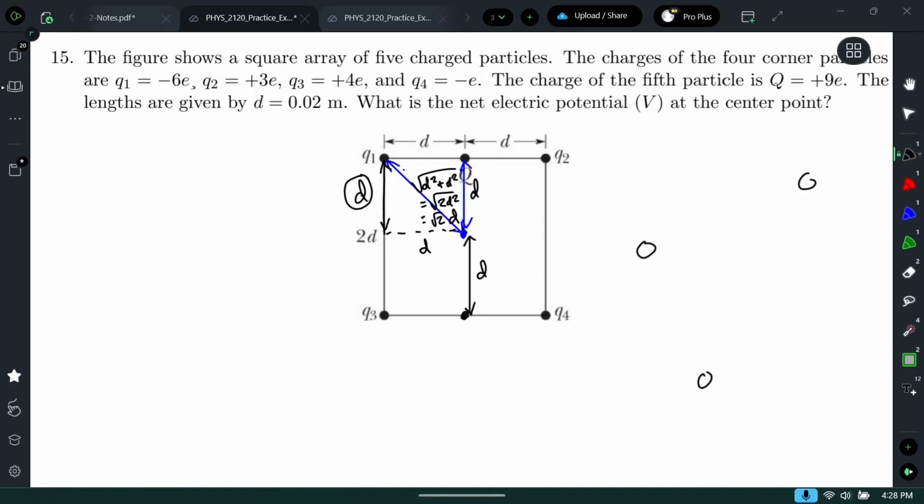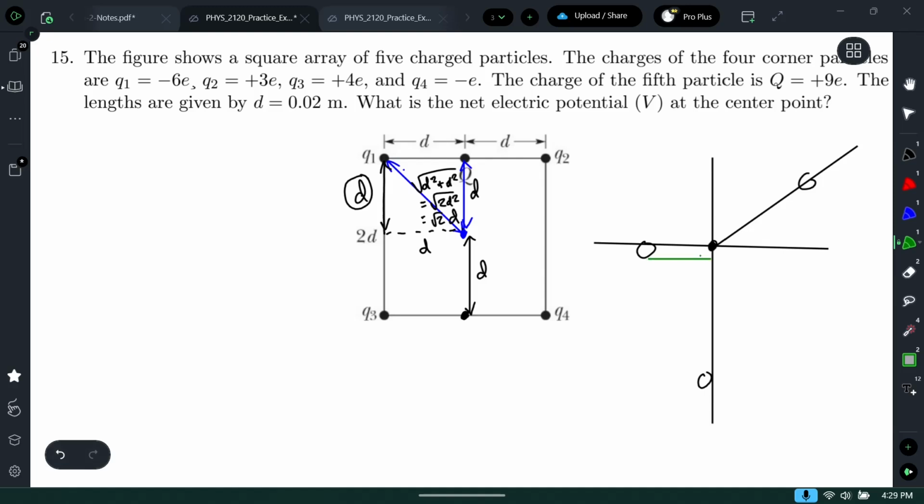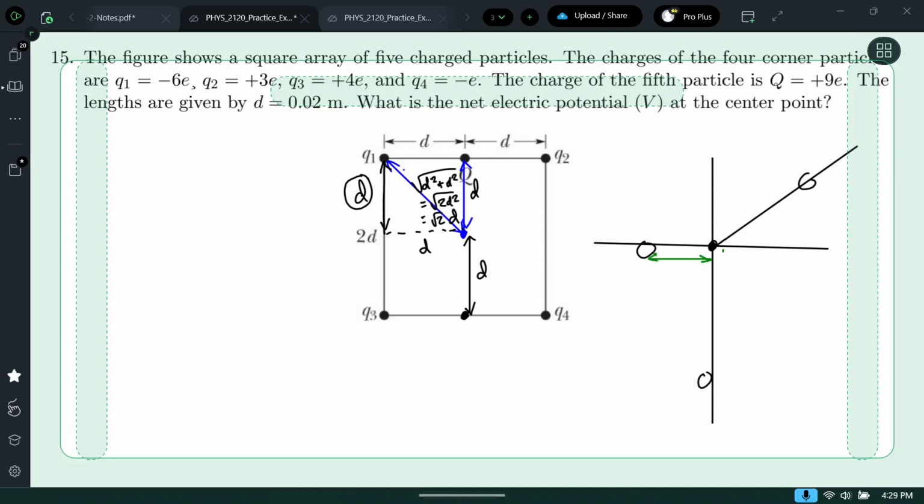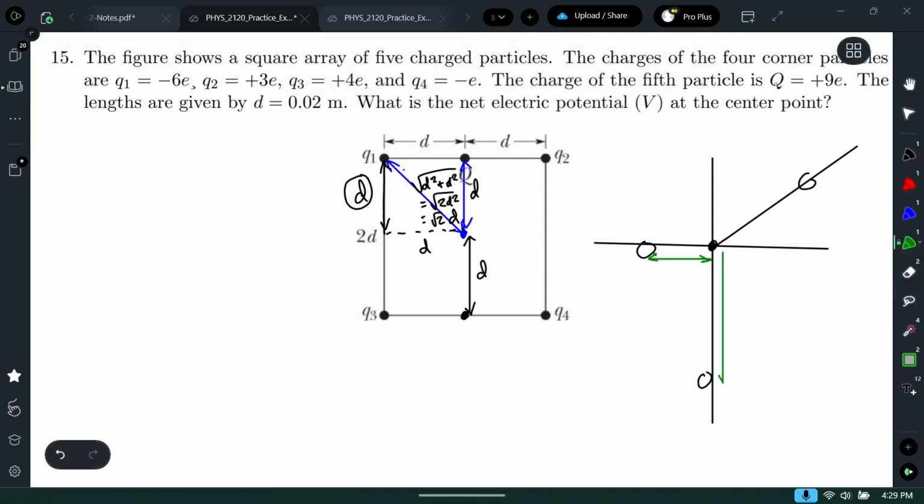So if we have some collection of charges, or we want to find, say, what is the potential right here, then it's not any sort of trick on what the distance is. It's, all right, this is the distance between that point and this charge, and then that point and this charge, and then that point and this charge. And those are the distances that would go in that kQ over r formula.